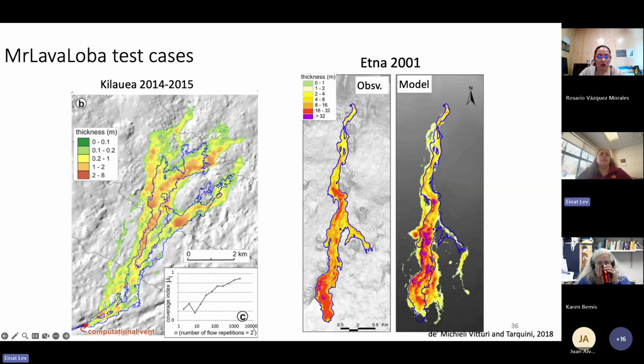One of the reasons is that it's pretty steep and a very nicely confined channel that is fairly easy to reproduce. So you say, hey, look, I did really well on the Etna 2001. You want to ask, yes, but how did you do on other cases? Because that's kind of an easy test for lava flow models, so keep that in mind.